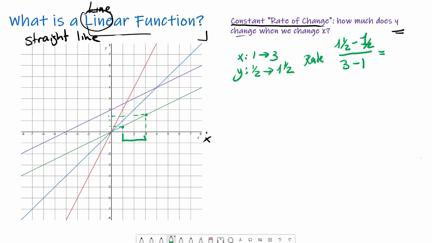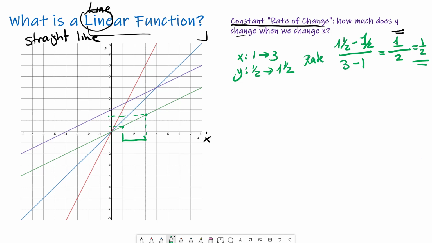Sorry, here that was supposed to be a half. The change from a half to 1.5 is exactly 1, but our change from 1 to 3 is just 2. So the rate of change here is a half, okay? It's a smaller rate of change than we had for the other two lines.